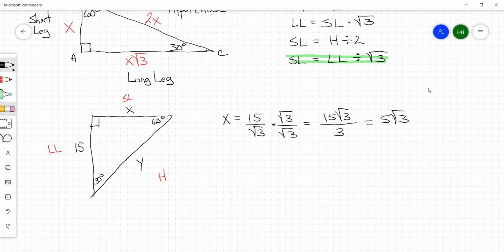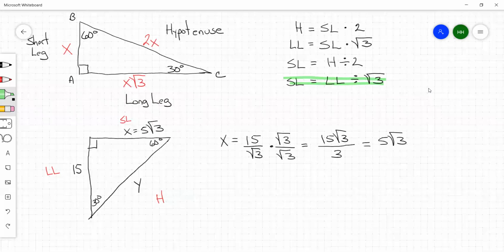So that's your short leg, agreed? X equals 5 radical 3. Now you need your hypotenuse. What do we say the hypotenuse is equal to? Hypotenuse equals short leg times 2.